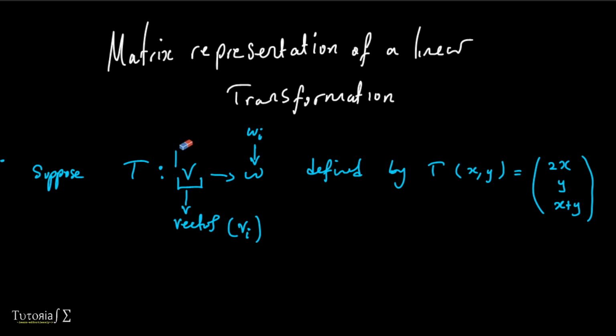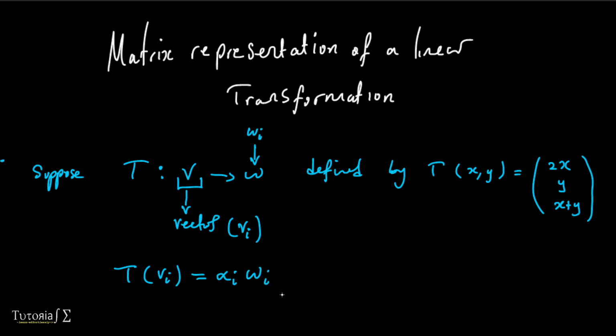Okay, so let me write it. So we have the transformation of vectors in the input as a linear combination with alpha i. Remember how we write a linear combination of vectors in the output.